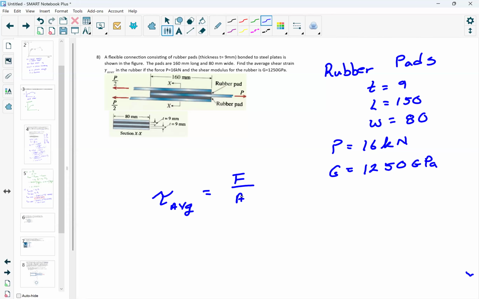Now, the force on this one is what the rubber pad is seeing. Because the rubber pad is seeing those 2 surfaces, and I noticed this was a problem on the quiz, this is going to end up being 16 divided by 2. And then that's going to be over our area, which is 80 times 160.